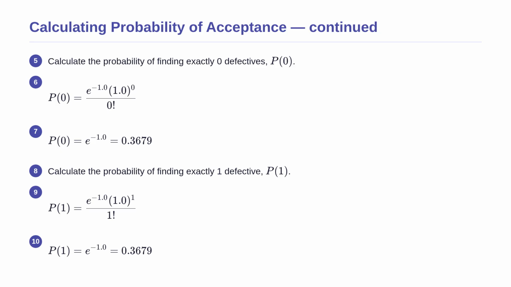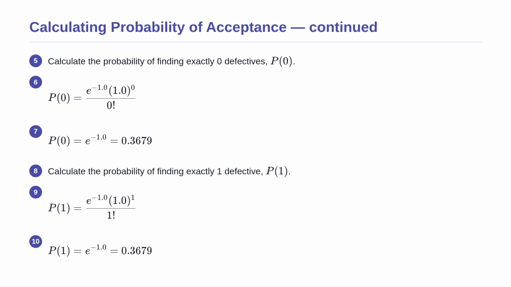Continuing with our expected average of 1.0, we must now calculate the probability of finding exactly 0 defectives and exactly 1 defective. For 0 defectives, we plug D equals 0 into our Poisson formula. Any number to the power of 0 is 1, and 0 factorial is 1, leaving us with e to the power of negative 1, which is approximately 0.3679.